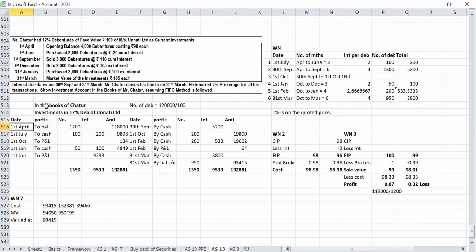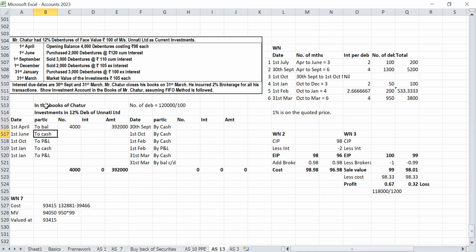Date, particulars, number of debentures: 1st April, opening balance is 4,000 debentures costing 98. So to balance is 3,92,000, 4,000 into 98. Super.